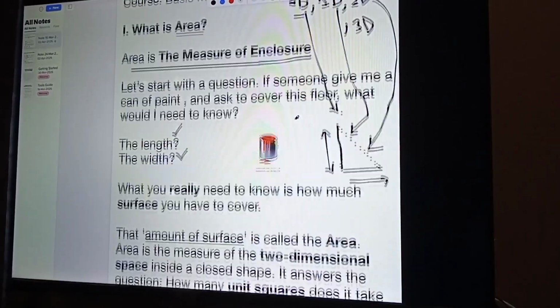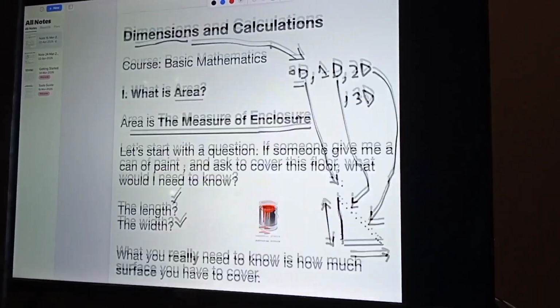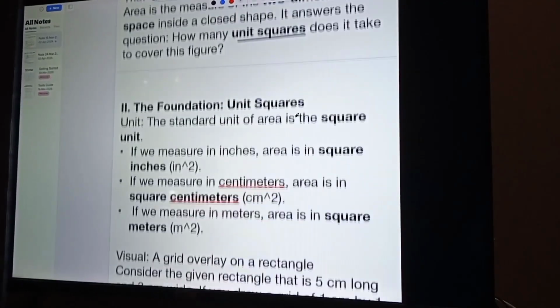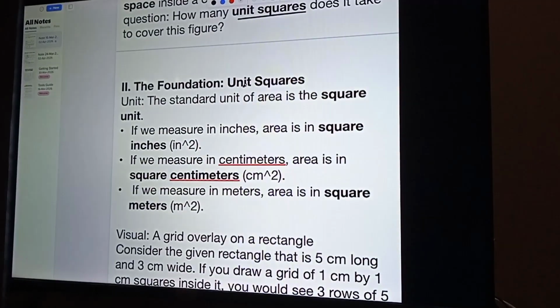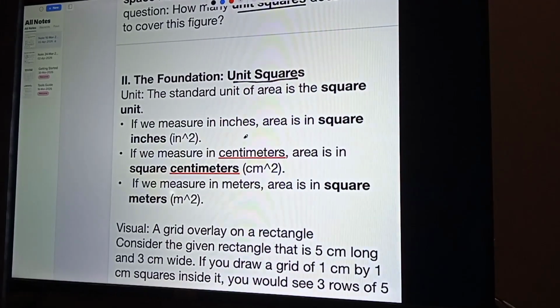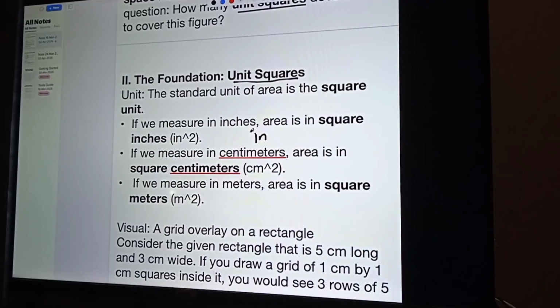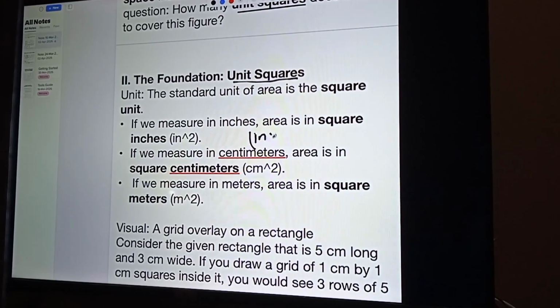In dimensions, first we learn about area. For area, we use unit squares. If area is measured in square inches, then we write the result in square inches, like this, inch square.